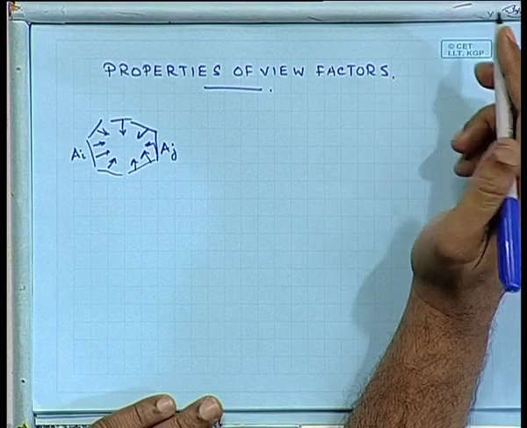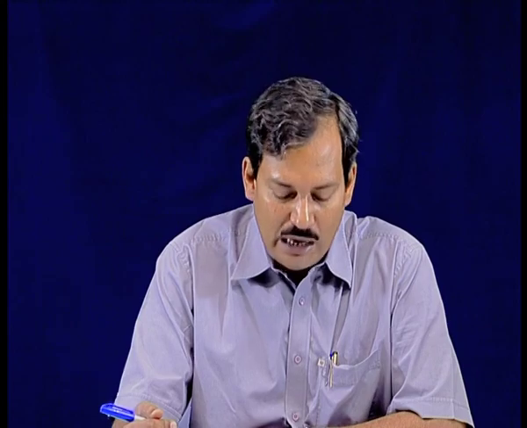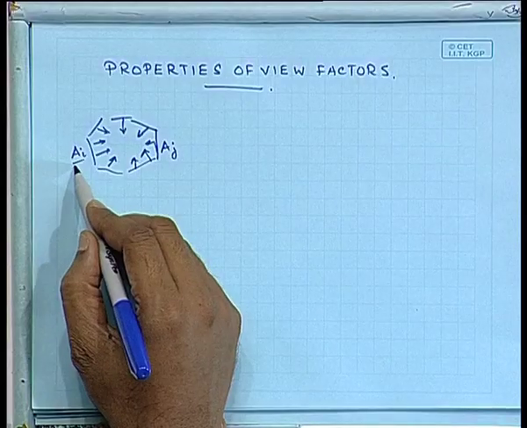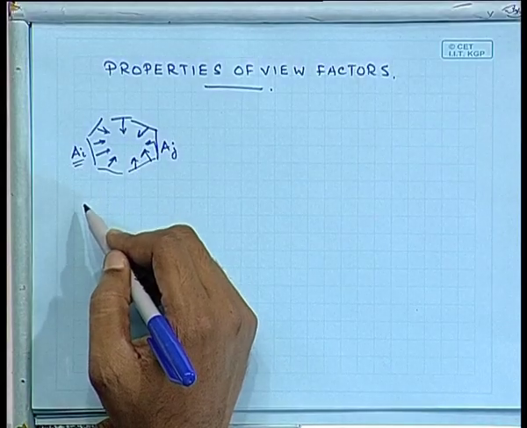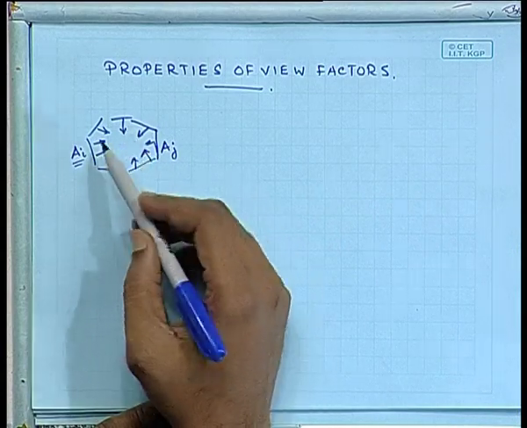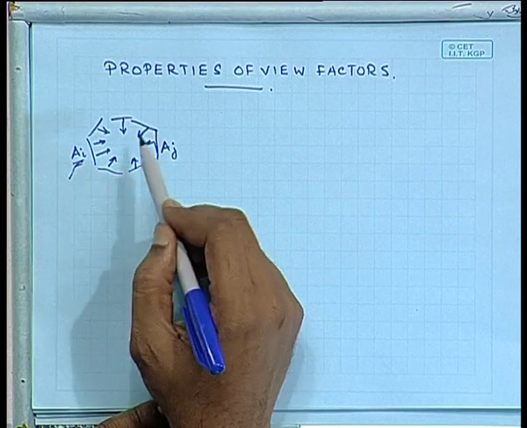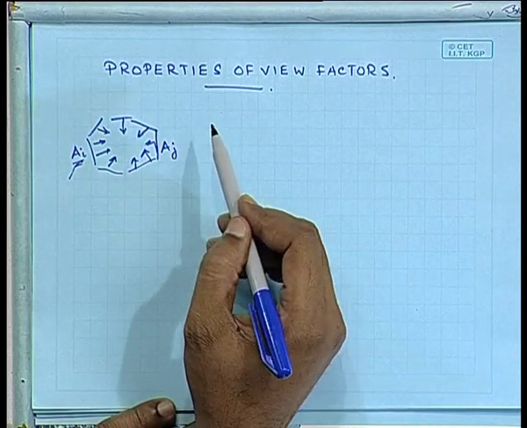All the surfaces are emitting radiation. In other words, all the surfaces are exchanging radiative energy with one another, and we would like to find out how much energy we have to supply to AI to keep it at a constant temperature. At steady state, you understand that you have to supply some energy to some of the surfaces and extract some energy from some of the surfaces.